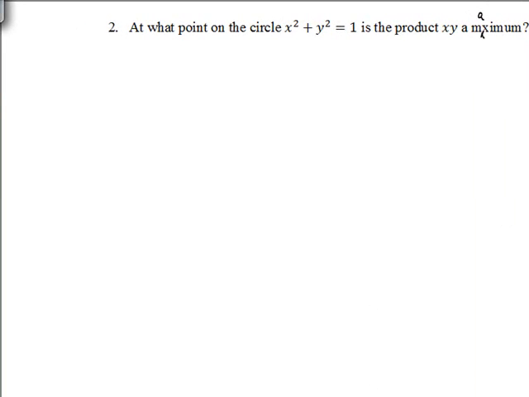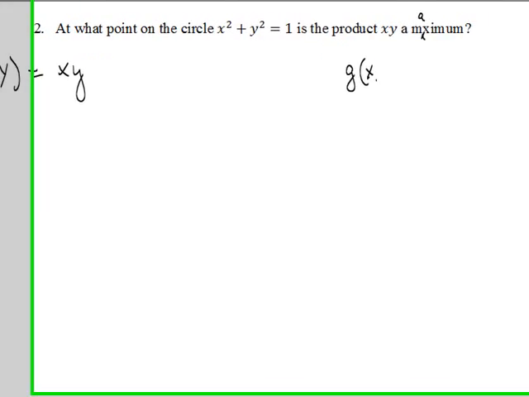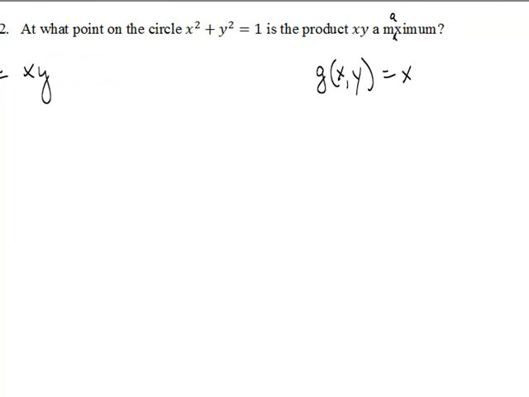Okay, so what are you trying to maximize? Xy. So this is going to be your function f. So write it down. Do not mix up your f's and your g's. Okay? Your constraint g of xy is going to be x squared plus y squared minus 1.